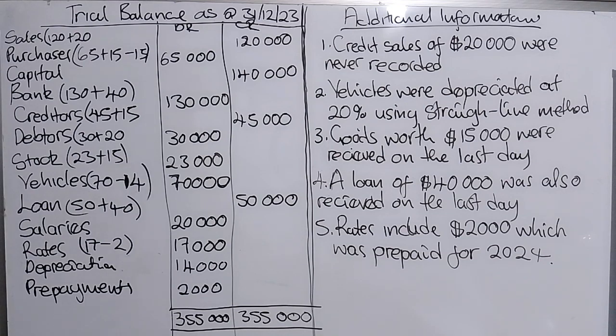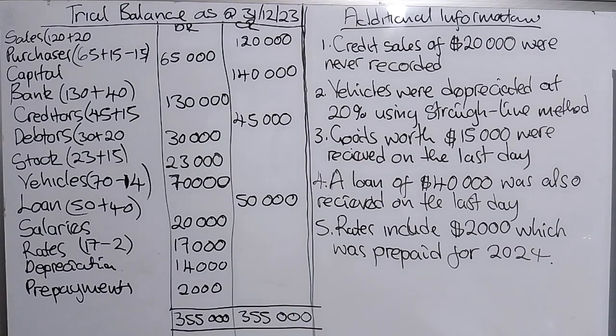These are the adjustments that we have to do when we are asked to amend the trial balance. These adjustments may come in a different way. They might just bring you the trial balance and the additional information and ask you to do the statement of comprehensive income or the statement of profit and loss, then proceed to do the balance sheet or the statement of financial position.